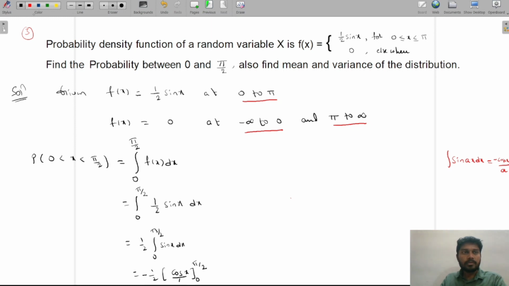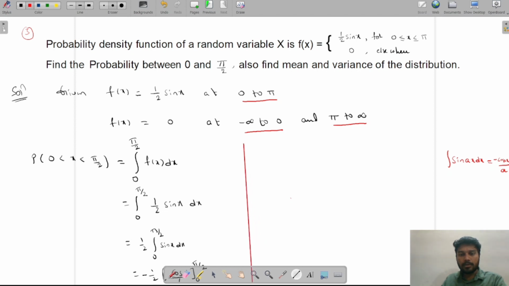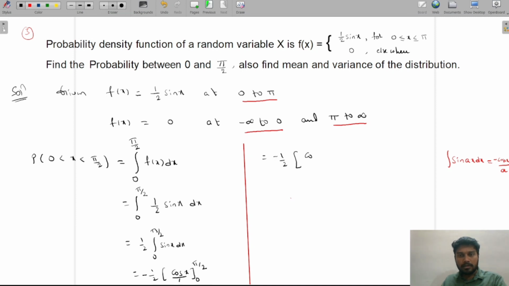Next, substituting the upper limit and lower limit: minus 1 by 2 of cos pi by 2, upper limit substituted, minus cos of 0, lower limit substituted.